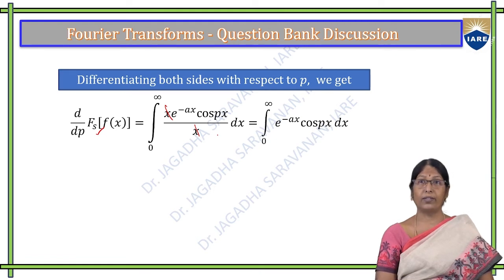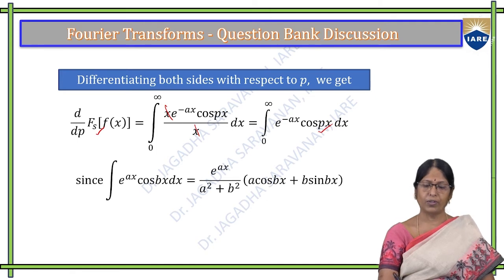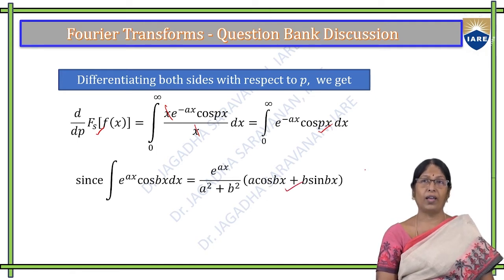So the basic idea behind this is that we made the x cancel. Then only can we do the integration in a very comfortable way, because we have a ready-made formula available in our hand. Recalling it, we are going to apply it here.